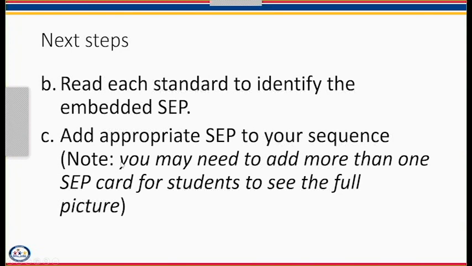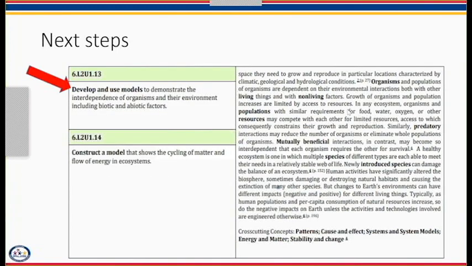Okay, so we're going to read the standard, and I'm going to have you identify the embedded science and engineering practice, and then tell me if there are any appropriate science and engineering practices that you need to add to your sequence to get them to the overarching science and engineering practice in the standard. So again, here's our sample standard. Develop and use models to demonstrate the interdependence of organisms and their environment, including the biotic and abiotic factors.